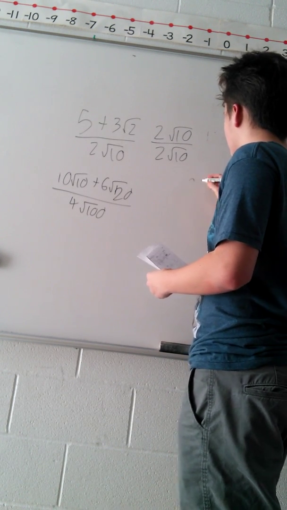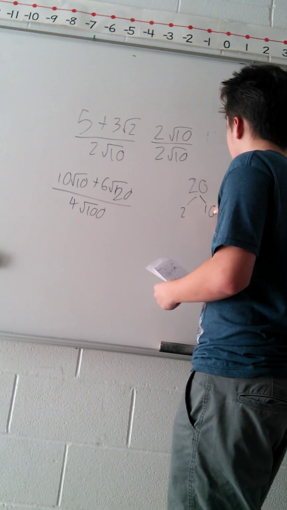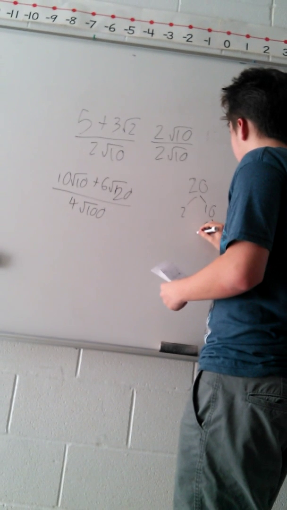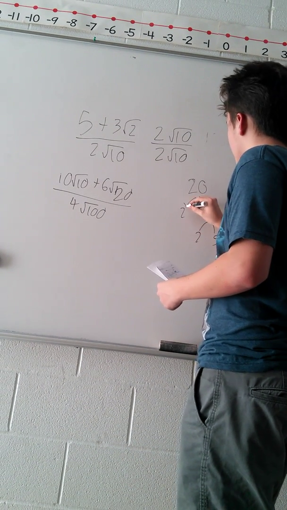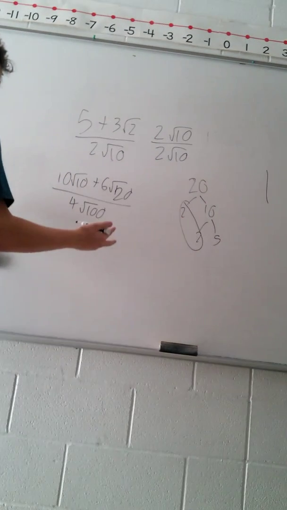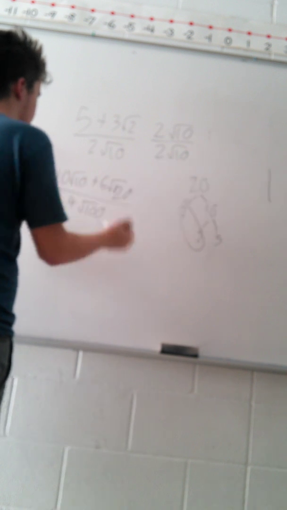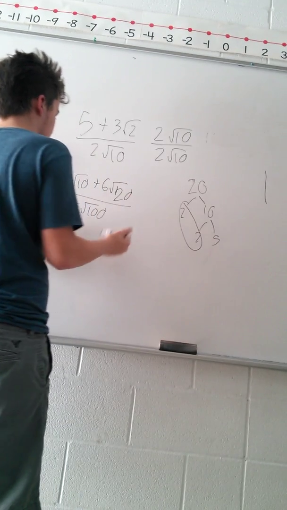So you take the 20, 2 times 10, 10 simplifies into 2, 5. 2 is a pair, and since the pair 2, you simply multiply the 2 times the 6. The 5 goes into the radical.